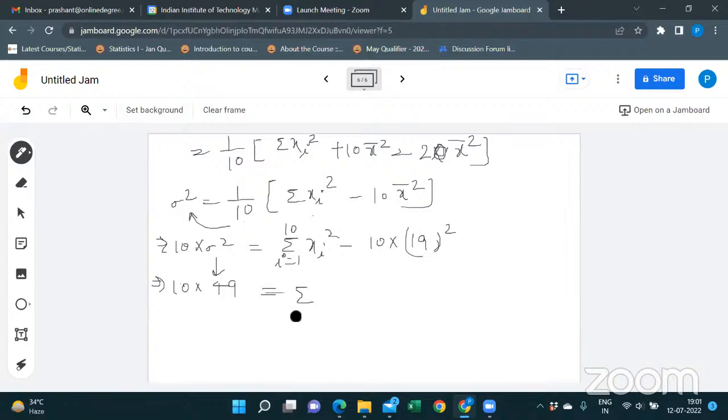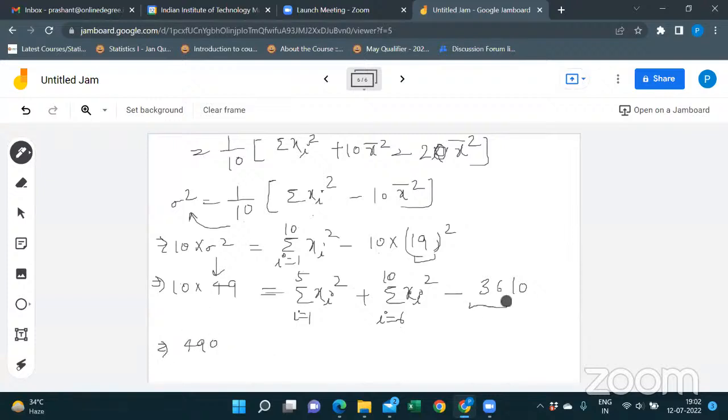Now I can split summation i equals 1 to 10 into 1 to 5 plus 6 to 10, right? And 19 square is 361, so 10 into 361 will be 3610.